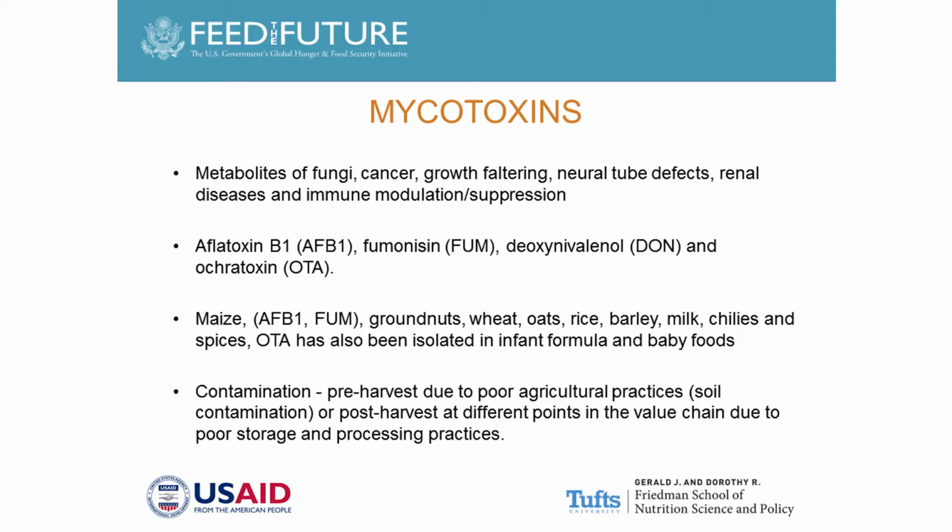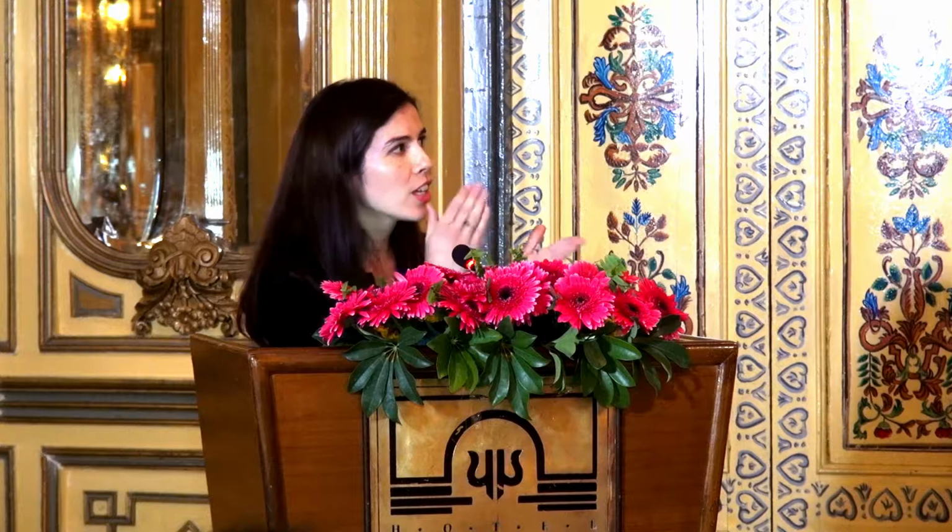Maize can have DON, you can find fumonisins, they can have ochratoxins in them and aflatoxins. And then just to complicate it more, each of these toxins can actually be produced by multiple fungi, for example. So aflatoxin has different types of aspergillus that can produce it. So it's just a very complicated situation where it's not just one thing, one food has aflatoxin, one has fumonisin, they're all over the place.